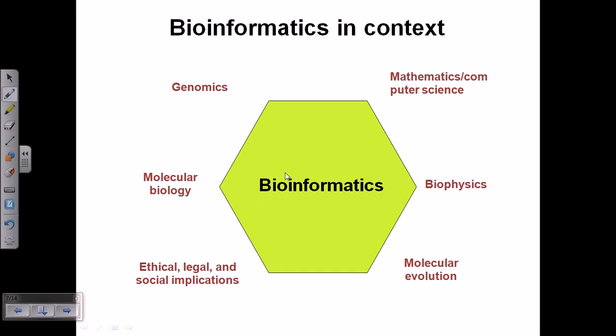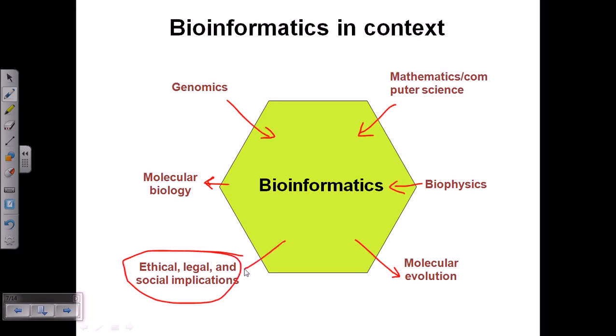Now bioinformatics is connecting biology to all the different systems. It's connected to molecular biology, actually it's a treat for molecular biologists and structural biologists. Then obviously it is attached to molecular evolution, it helps us to understand molecular evolution. It is directly linked to biophysics as well as mathematics and computer science. It is involved with genomics, and ethical, legal and social implications are also important, because we are dealing with predicted things.